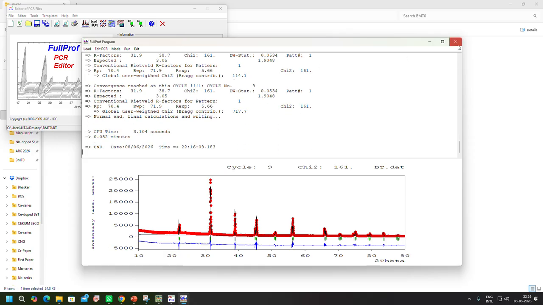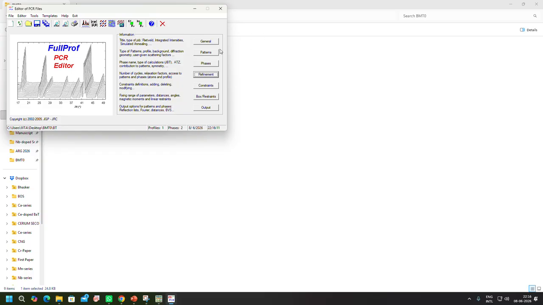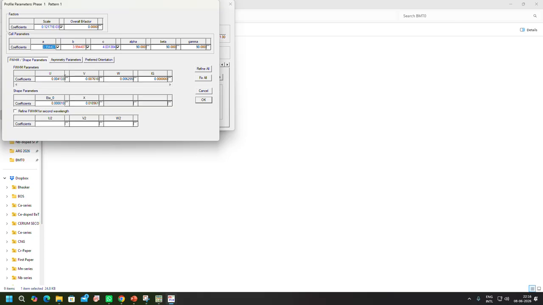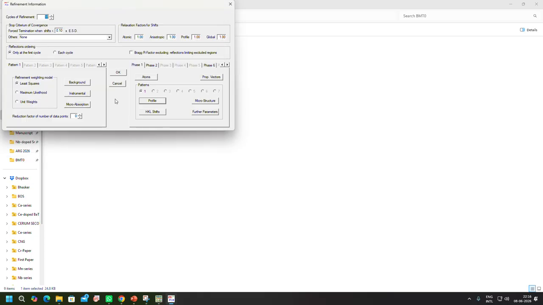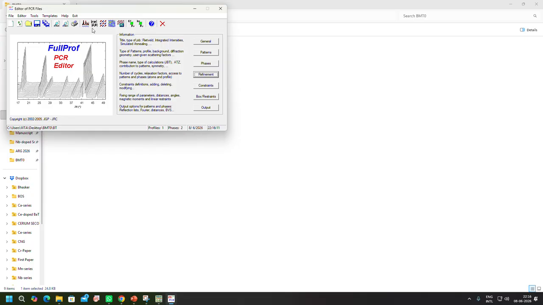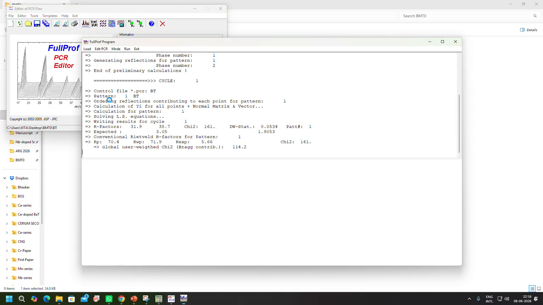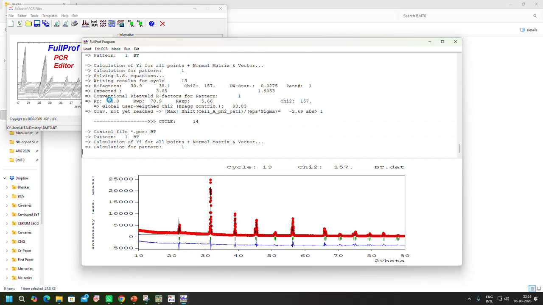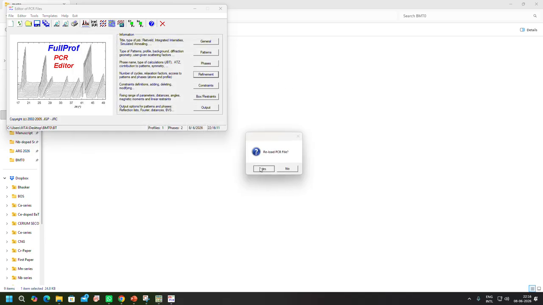Okay, so when you run, then now you start for the profile parameter one by one. So first you then save. So okay, in this way you now just refine all these parameters for profile.